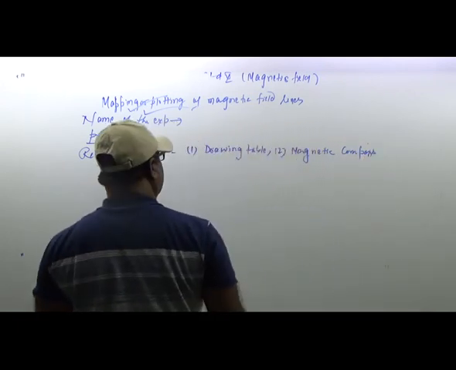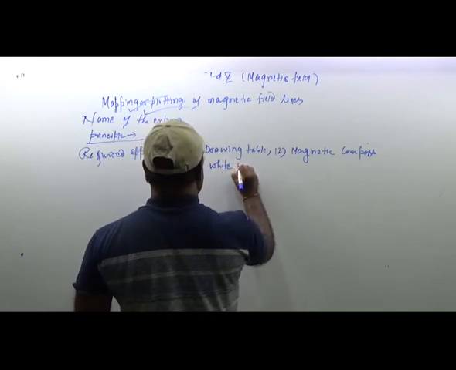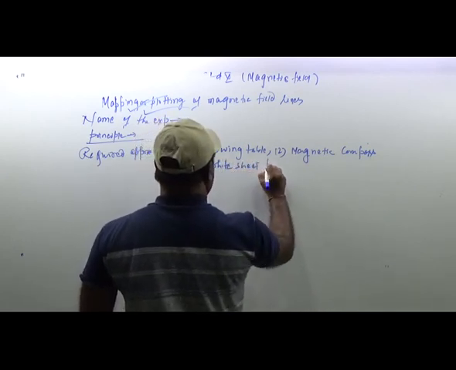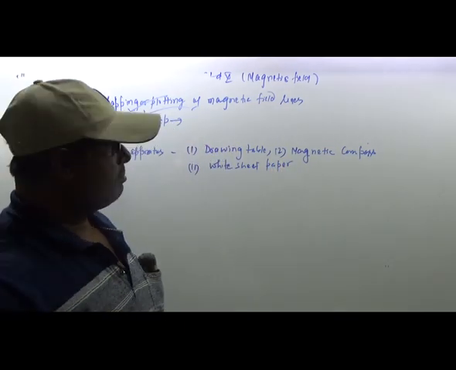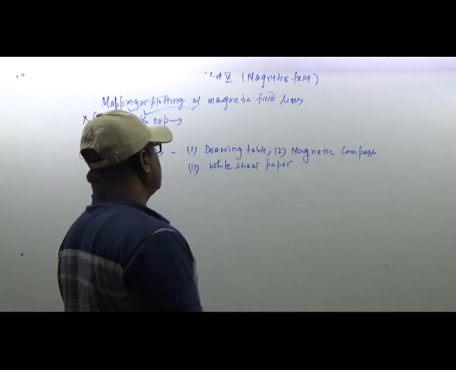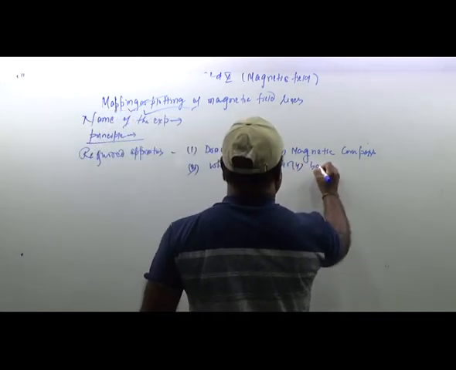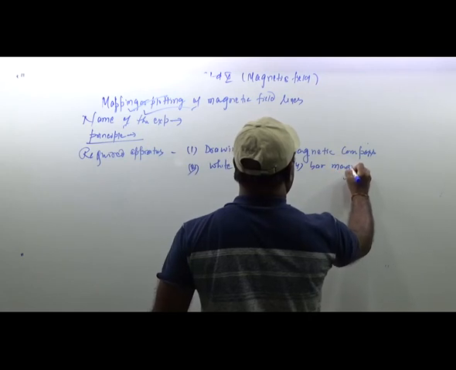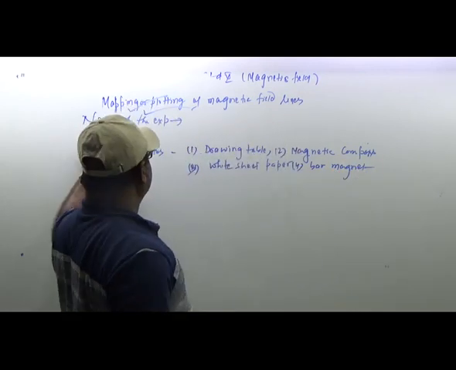And there is a white sheet. चलो मैं इसको, it is a bar magnet. चलिए इसका एक हम प्रैक्टिस करके देखते हैं.